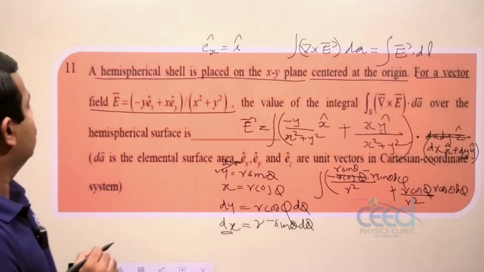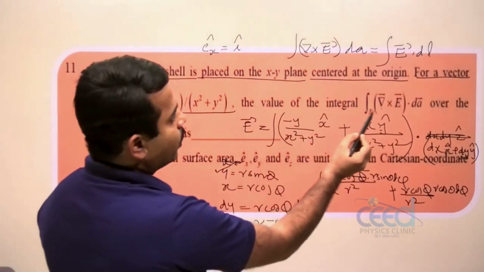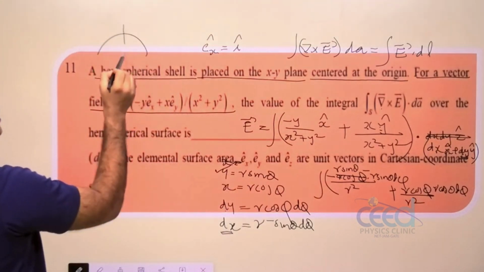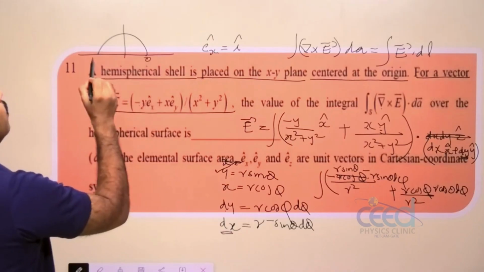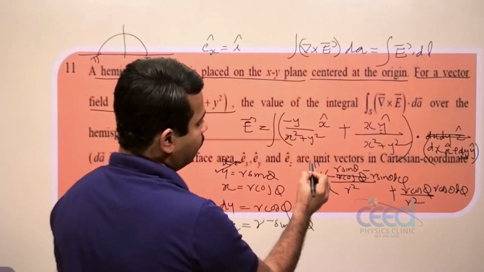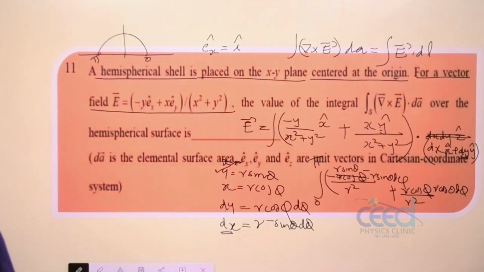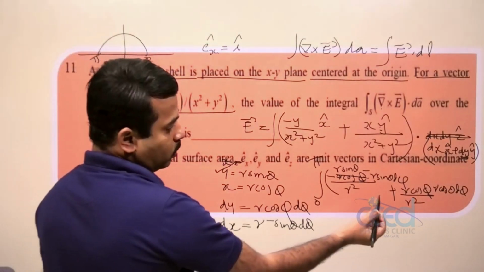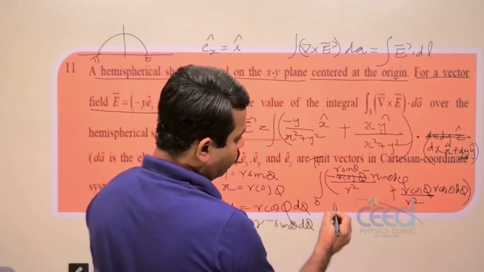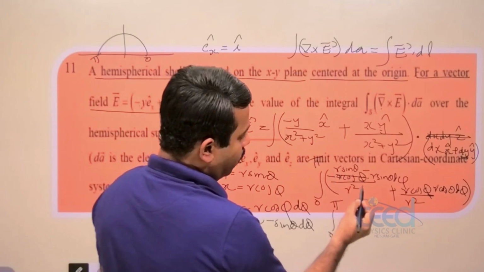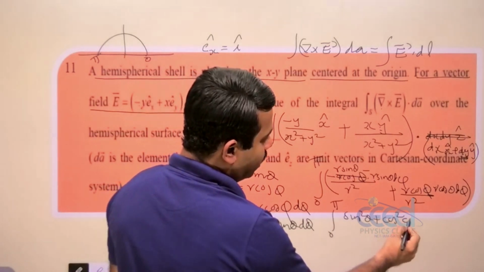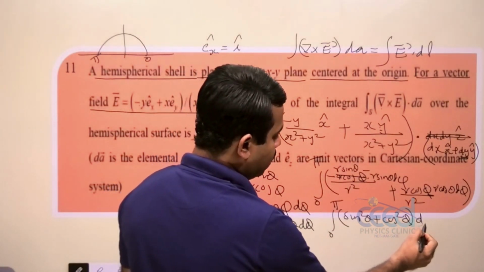Now, over a hemispherical surface, suppose you consider a hemisphere. Here theta goes from 0 to pi, so the integral limit is 0 to pi. Now I can write this as the integral from 0 to pi of r square, then sin square theta plus cos square theta remaining, d theta.